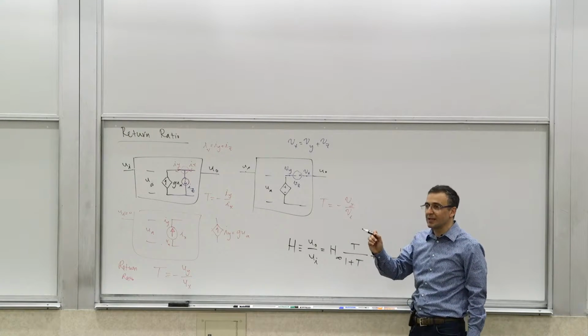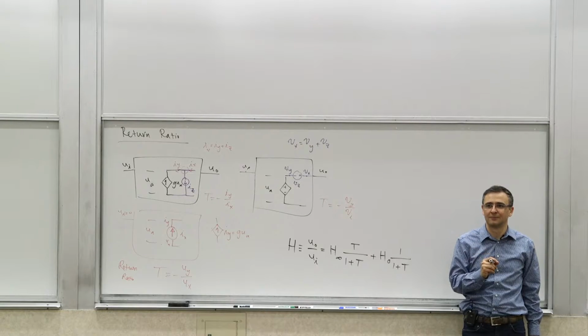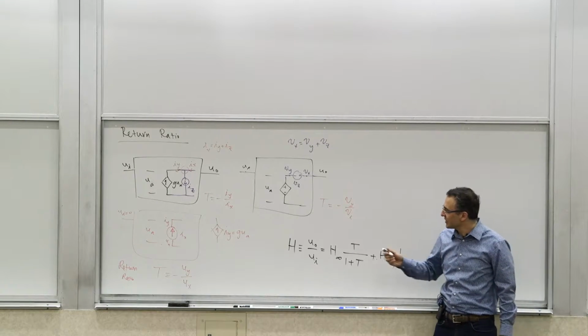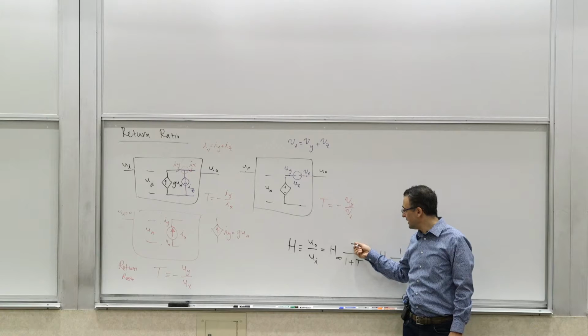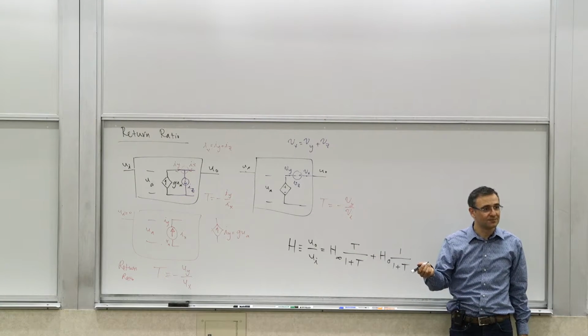H infinity is that you take a source, you put a K in front of it, and you take that K to infinity, right? So that's the transfer function when that K is infinity. T is the return ratio with respect to that exact source.